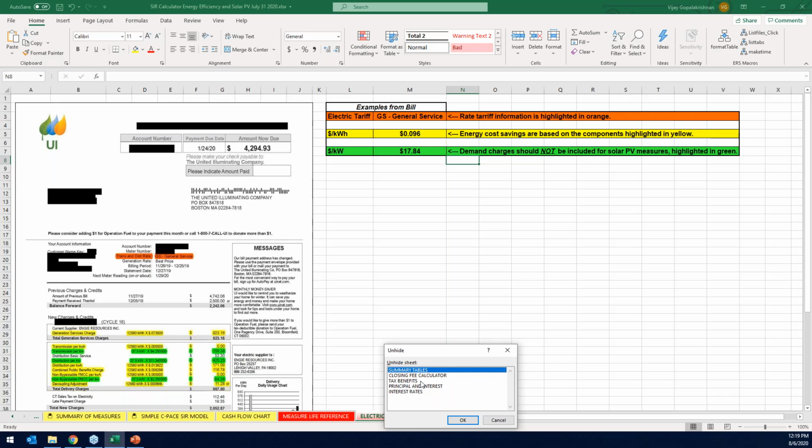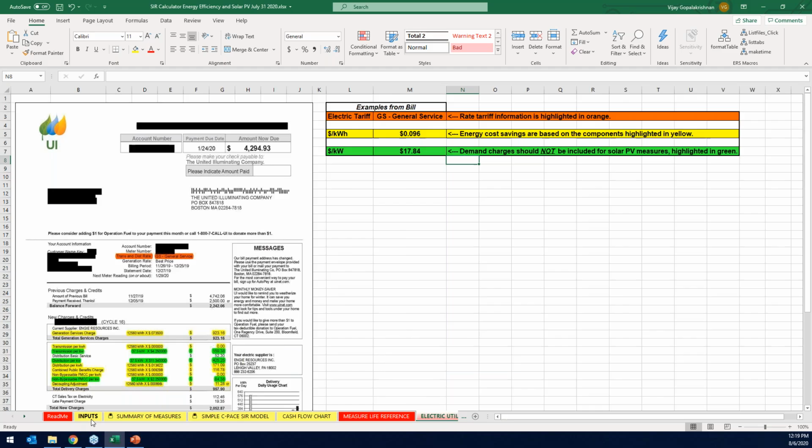The principal and interest tab is essentially the calculations that show what the annual or semi-annual payments are. And finally, the interest rates tab shows the default interest rates through the Connecticut Green Bank for each term selected, so between 5 and 25 years, the corresponding interest rates are shown in those tabs. They're all in red because there's no data entry expected from the contractors in those cells.